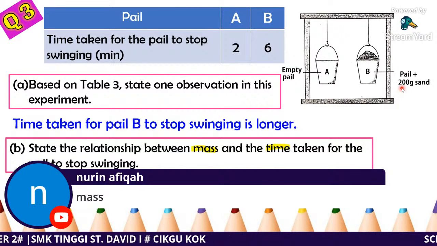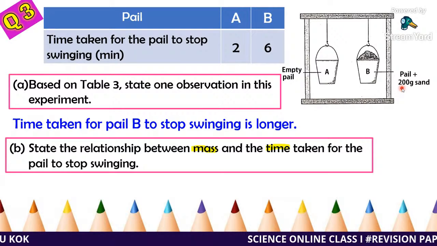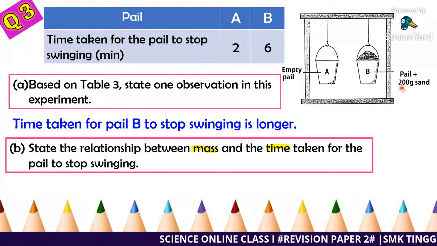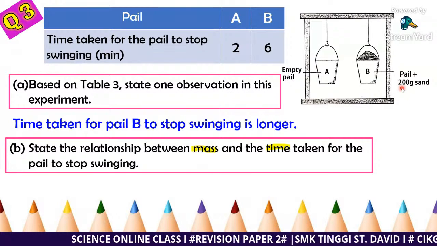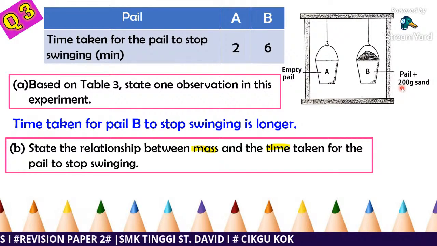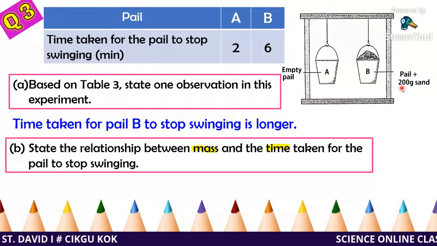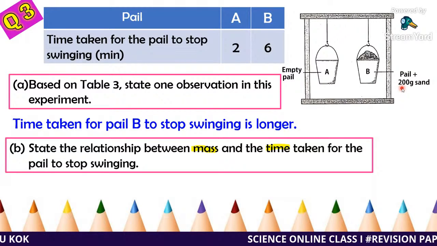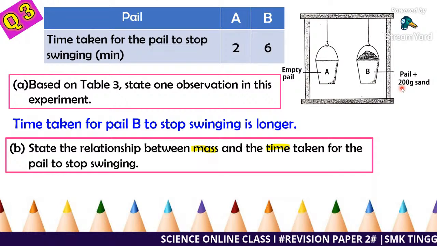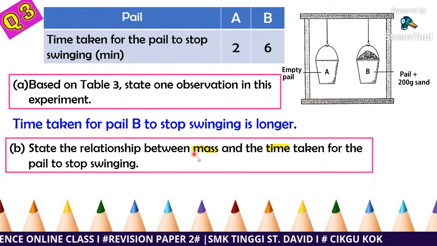So from here, they want a relationship. Normally we mention the manipulated variable first, then after that the responding variable. So we can say when the mass increases, the time taken for the pail to stop swinging also increases. If you do not know how to start your sentence, you just copy the question.